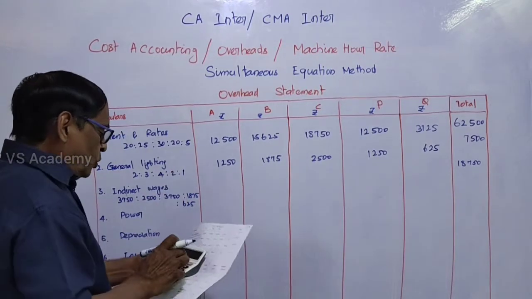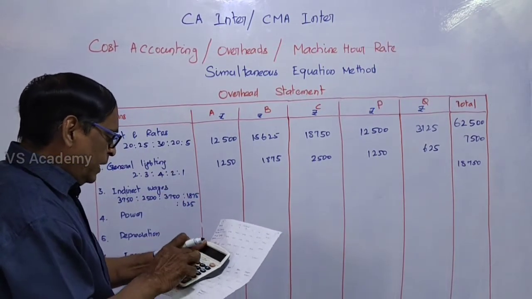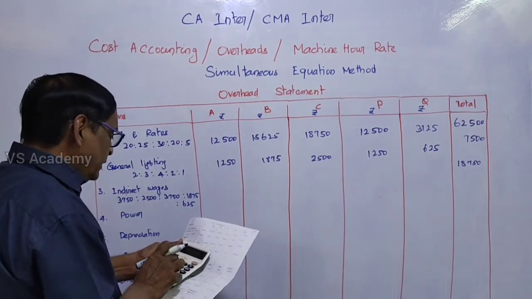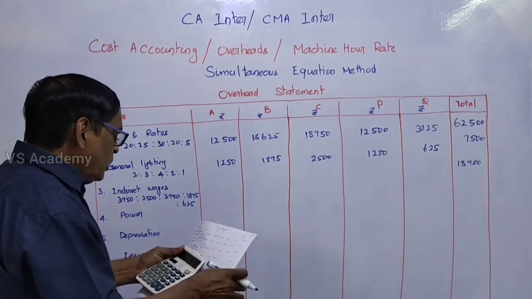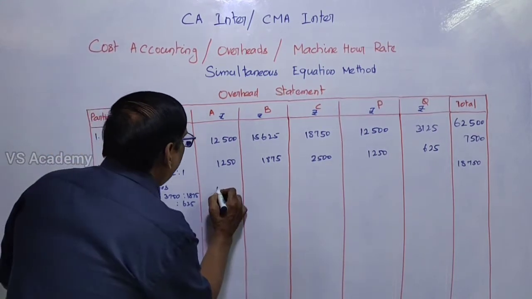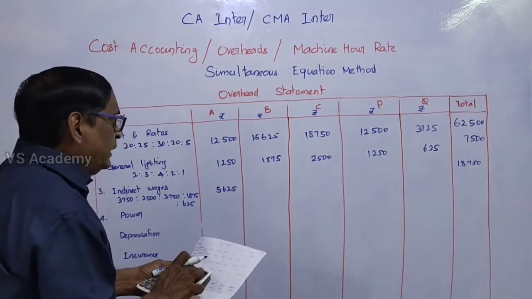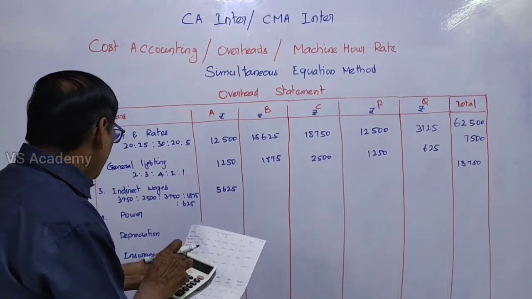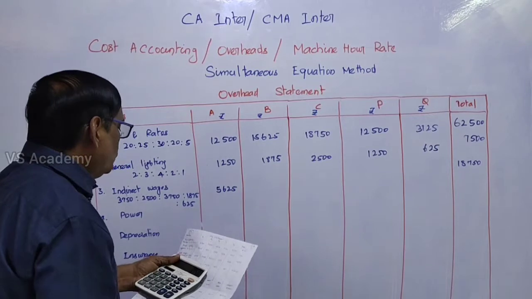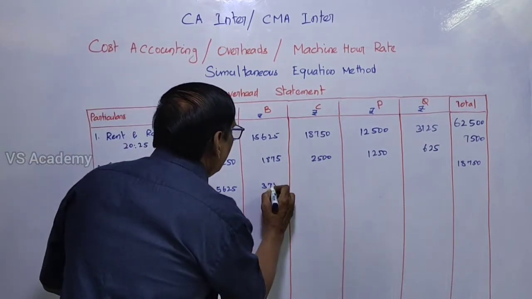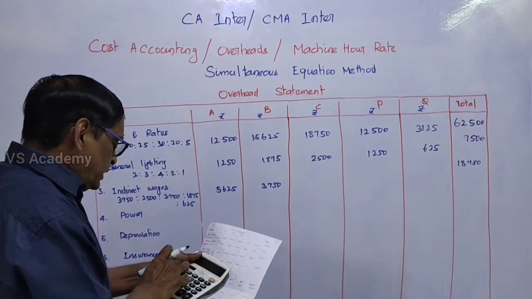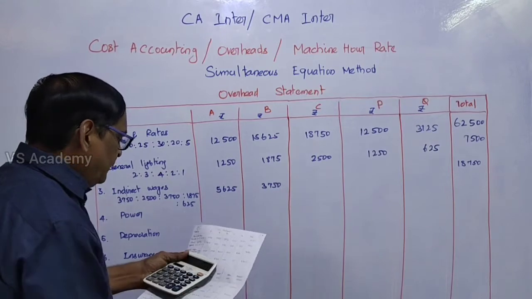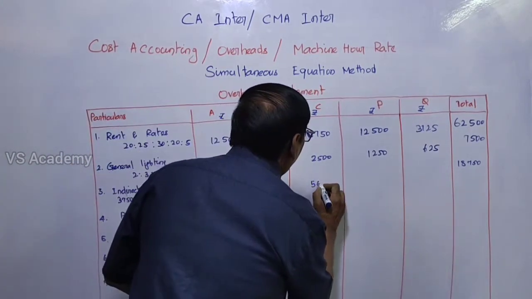So 18,750 divided by 12,500 into 3,750, so it comes around 5,625. And then 18,750 divided by 12,500 into 2,500, so 3,750. And then 18,750 divided by 12,500 into 3,750, so 5,625.